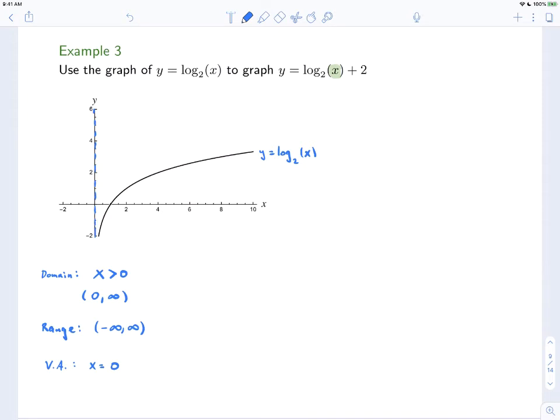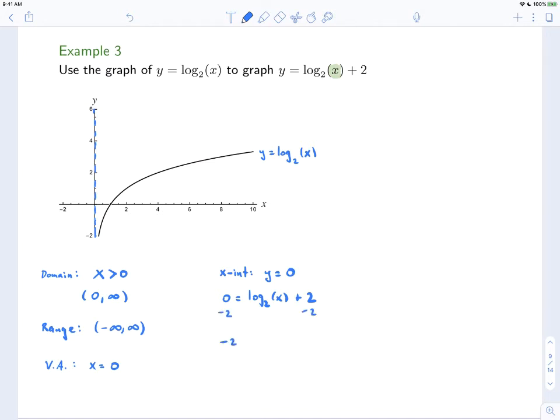Now we want to find the x-intercept and the key point. The x-intercept, of course, is where y is equal to 0. So 0 is the power of 2 that gives us x plus 2. So subtract this 2 from both sides.